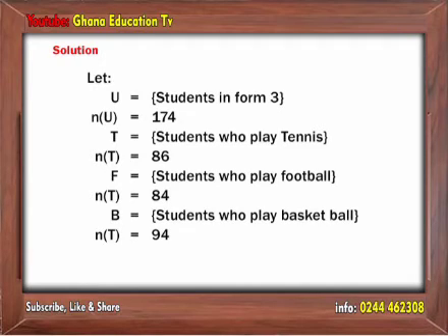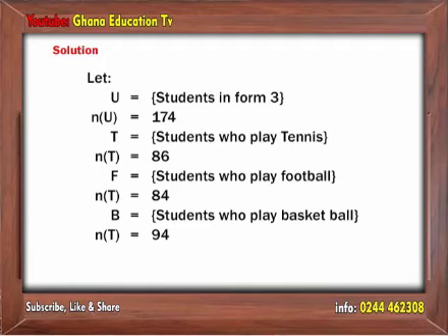T equals number of students who play tennis. So N of T equals 86. F equals students who play football. So N of F equals 84. Now B equals students who play basketball. So N of B equals 94.